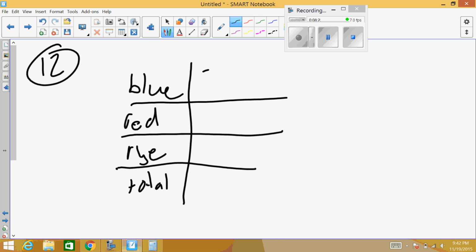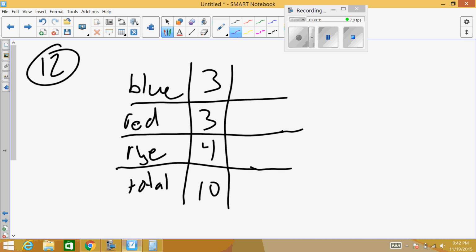So 3 parts blue, 3 parts red, 4 parts rye. If I put all those parts together, I get a total of 10 parts. Wonderful. Now, next, it says I have 15 2-pound bags of seed. Well, 15 bags times 2 pounds each, that's a total of 30 pounds.